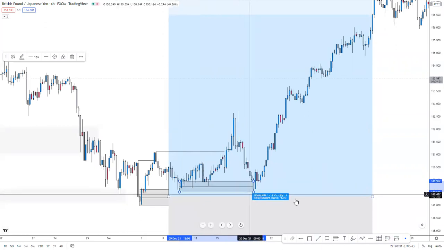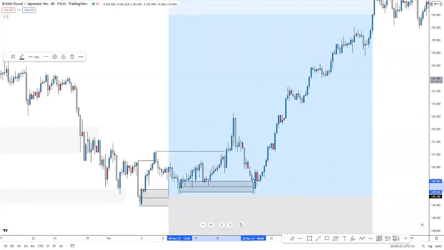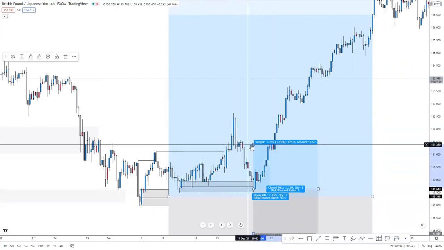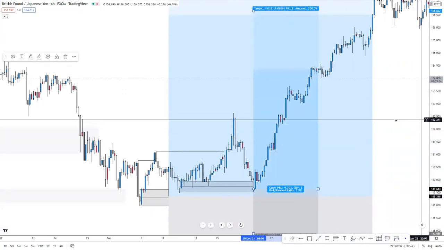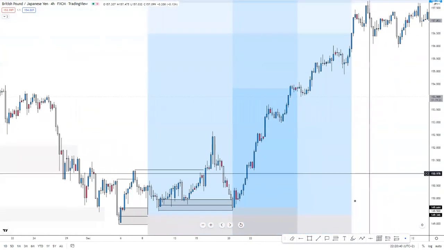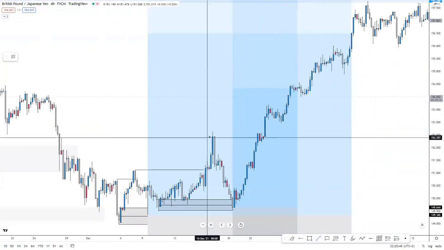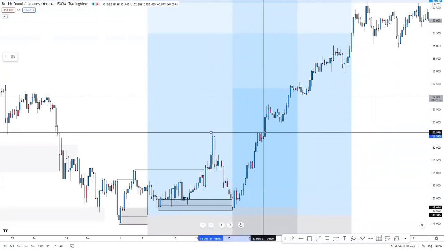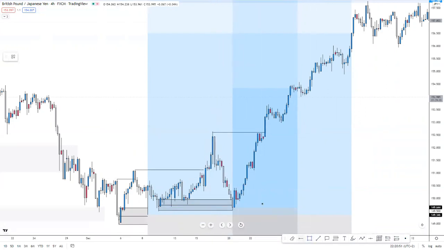Mitigated fully, right? This is another entry. So now we've got two positions running, guys, two positions running, right? That's another entry. This candle here is the cause of this break of structure.